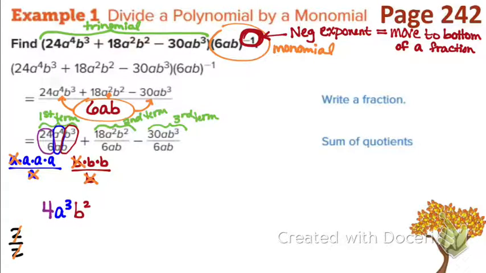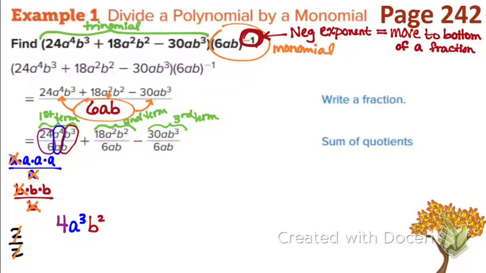And then I bring down my addition sign, make a little bit more room here. So I bring down that plus, and then I repeat the process here. Can 6 go into 18? Yes. How many times? 3 times. So I have the whole number of 3. If it can't go in a whole number of times, I look to see if I can reduce it. But this goes in a whole number of times.